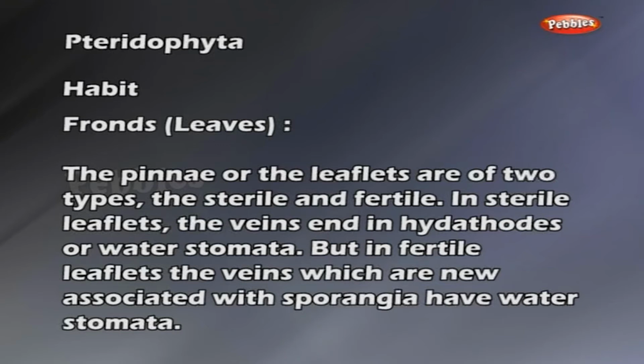The pinnae, or the leaflets, are of two types, sterile and fertile. In sterile leaflets, the veins end in hydatodes or water stomata, but in fertile leaflets, the veins, which are associated with sporangia, have water stomata.